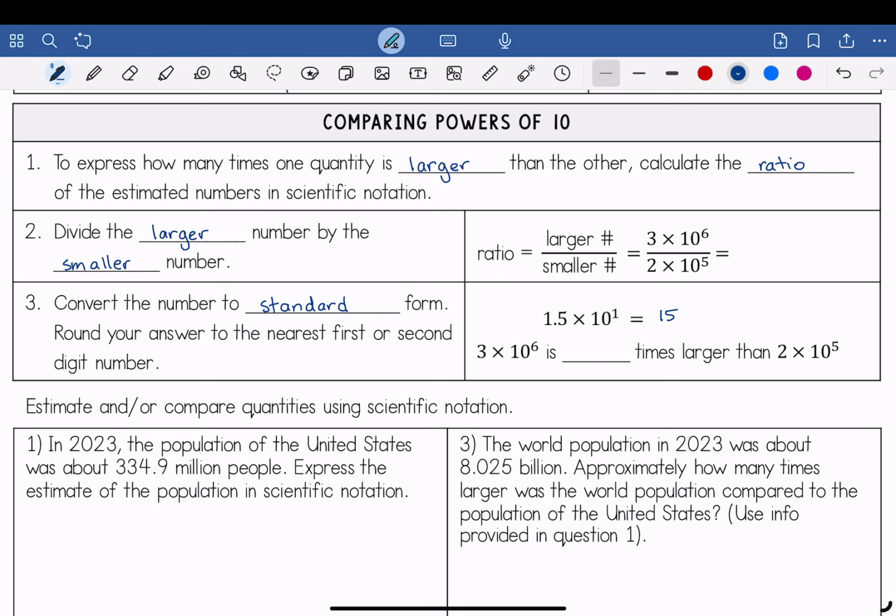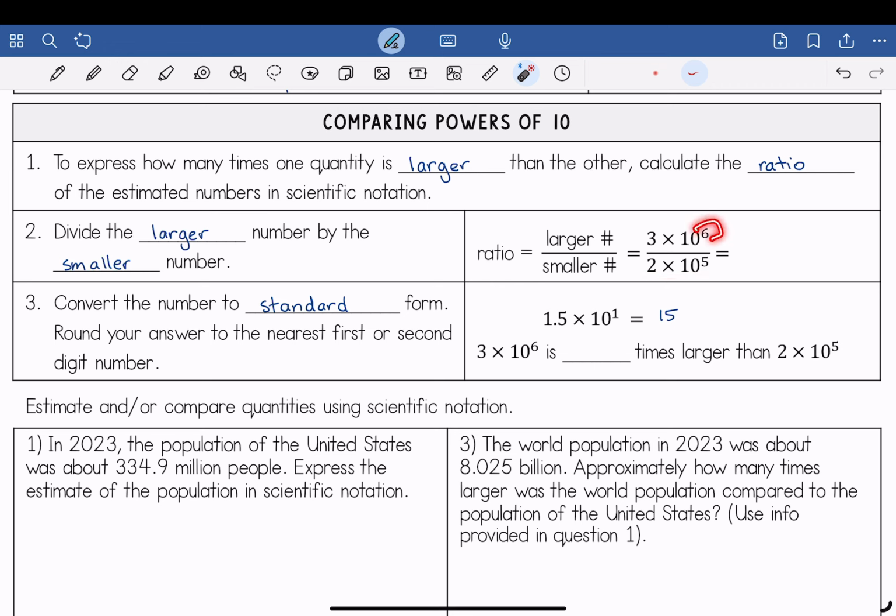Step 2, divide the larger number by the smaller number. So if we want to find the ratio, divide the larger by the smaller. For example, 3 times 10 to the power of 6 divided by 2 times 10 to the power of 5. We know this is the smaller number because the exponent is less than the exponent above.